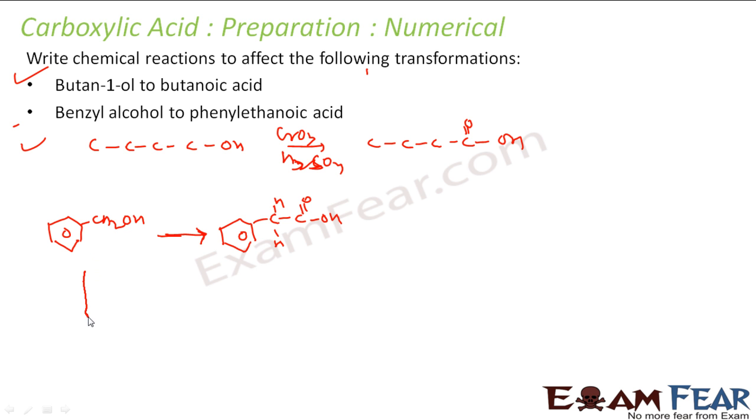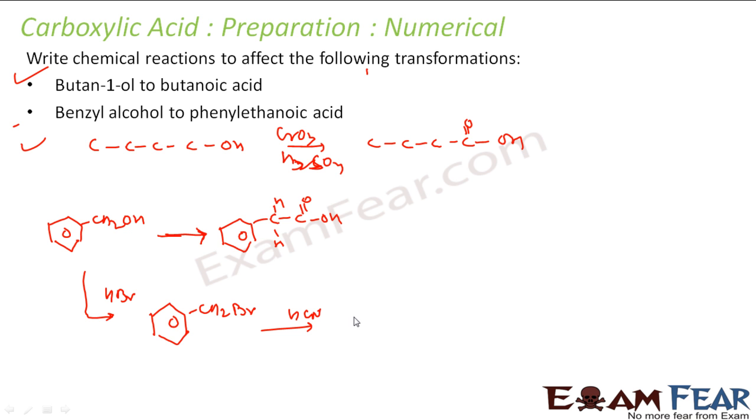First I have to replace OH with bromine or any halogen, because directly I can't replace OH with CN. If I react this benzyl alcohol with HBr, this will become CH2Br. We have seen this kind of reaction where bromine replaces the OH, and then we can react this with HCN.